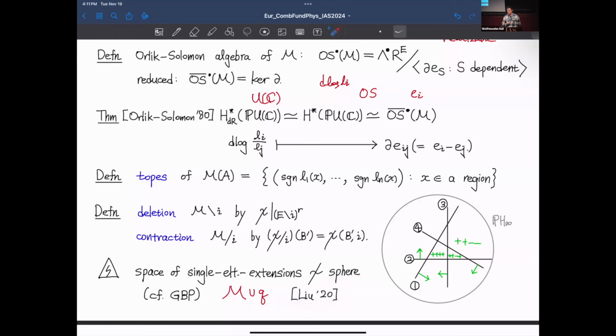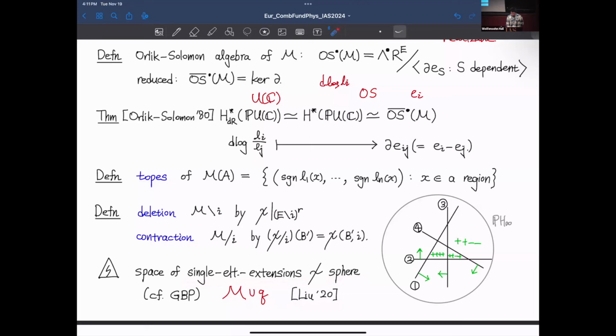And the proof that the space of single extensions for arbitrary oriented matroids is not homotopy equivalent to a sphere is so far only probabilistic. We don't know how to actually even write down a single actual example that provably fails this property.